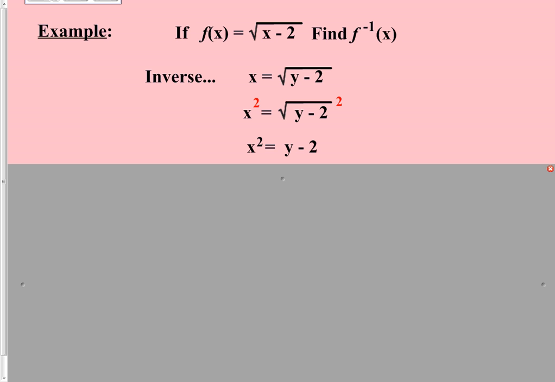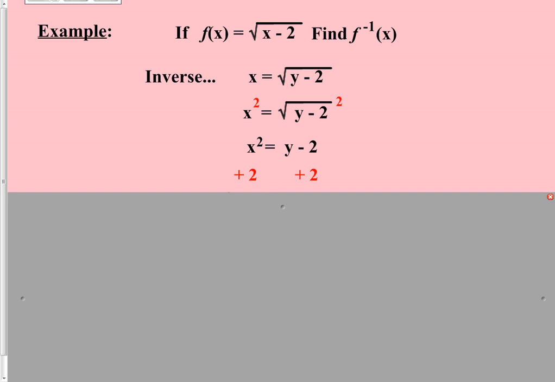Okay, so that takes care of the radical problem. Any combining like terms? No. Variables all on one side? Yes, the y's are already all together. Everything else the other direction? We've got a little bit of a problem there. That minus 2 does not need to be attached to our y. So how do you move the minus 2? Add 2 to both sides of the equation, because whatever we do to one side, we have to do to the other.